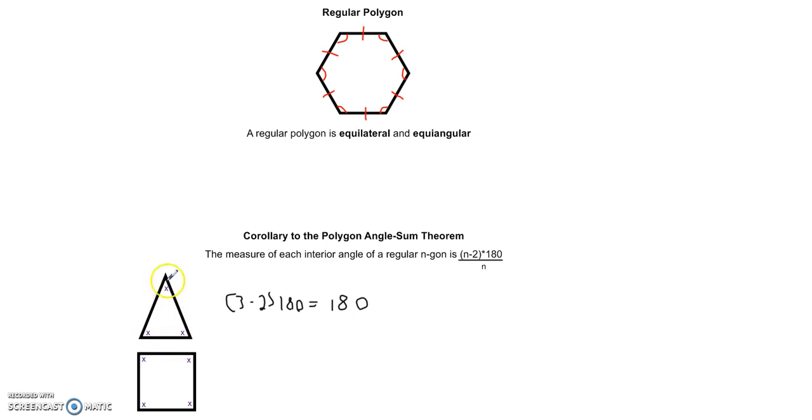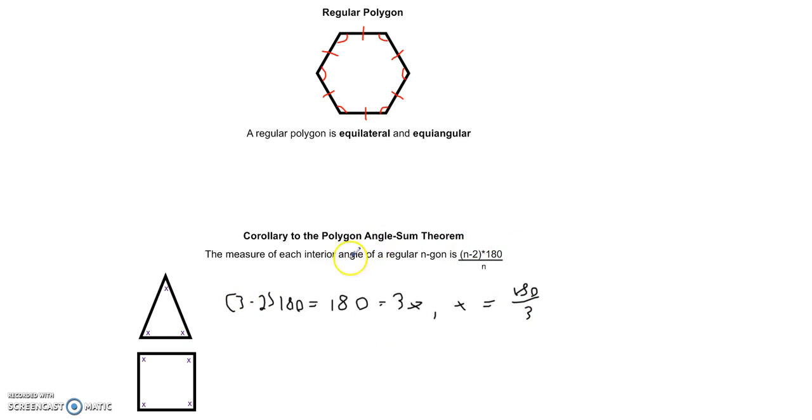So if we wanted to find the measurement for each one, 180 is equal to x plus x plus x, or 3x. So to find the measure of just one of these angles, x equals 180 over 3.